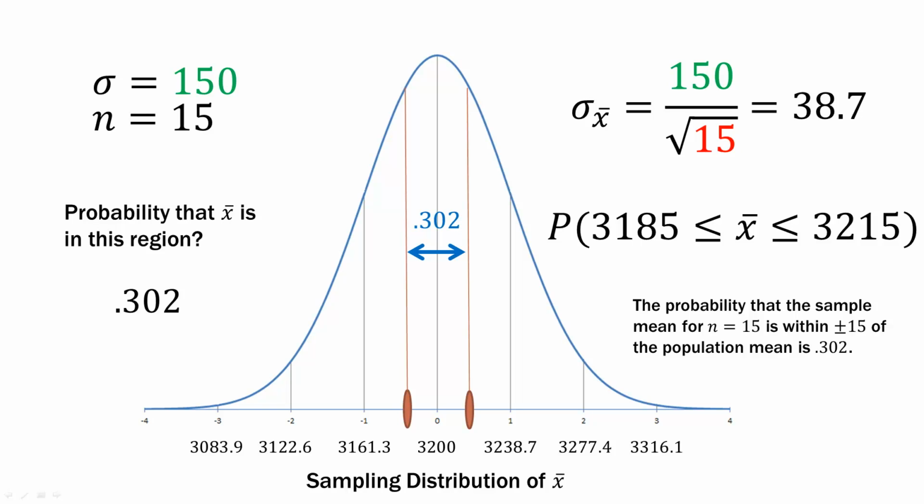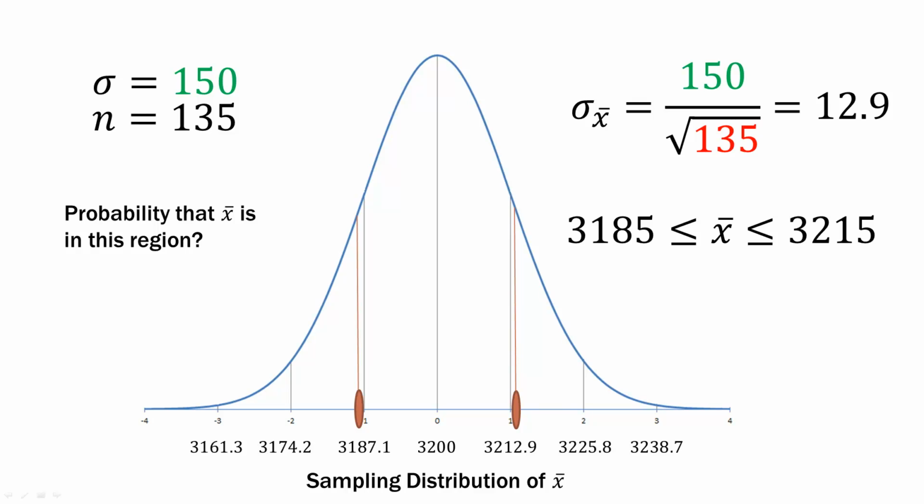Now, that's not a very high probability. And the question to ask yourself is, why? Why is that probability relatively low? It's only 30%. So the probability that our sample mean for a sample size of 15 is within 15 of the population mean is pretty low. Well, why is that?